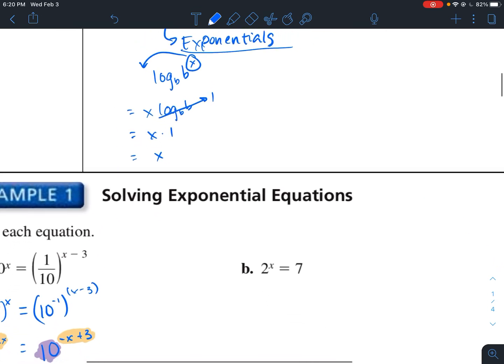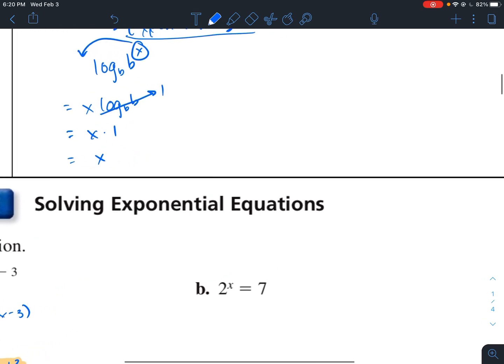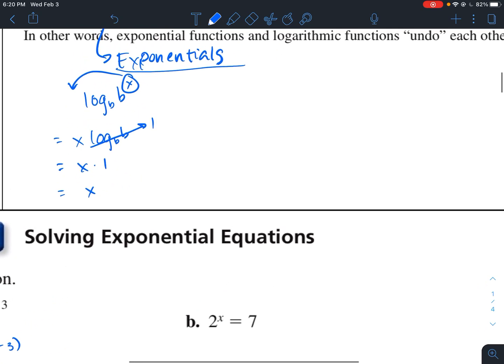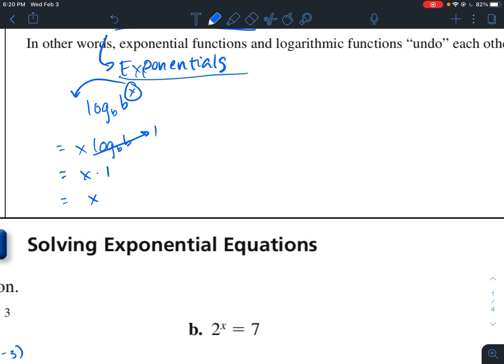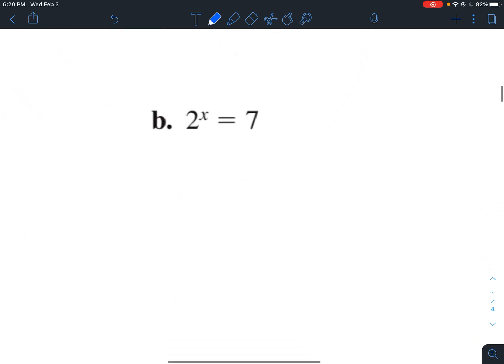Looking at this exponential, here we have 2 raised to the x power. The key here is taking the log of the base. This is a base of 2.